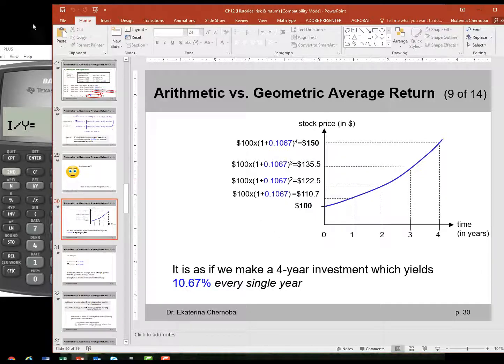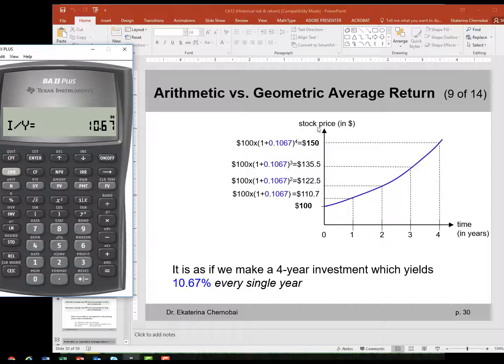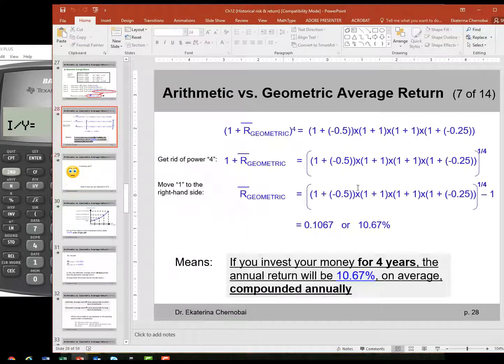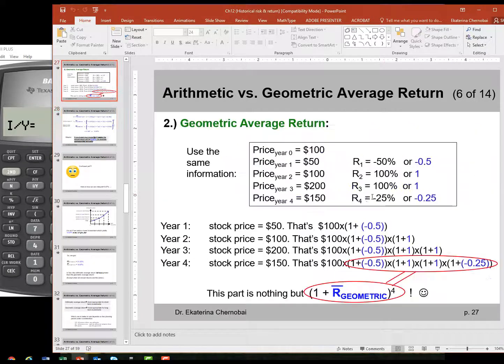And the third method I've just shown you was if you don't know any dollars, you just know the 4 returns, right? You can use them one by one to find future value 1 year at a time, and then the last future value is your FV, 1 is your PV, they are 4 years apart, 4 is your N, compute I/Y. Same result.